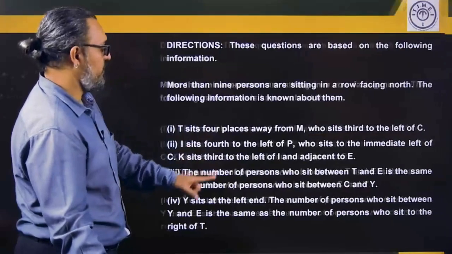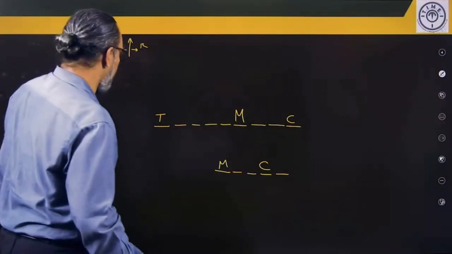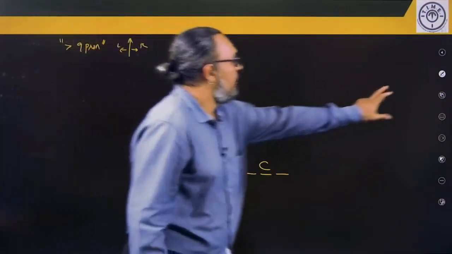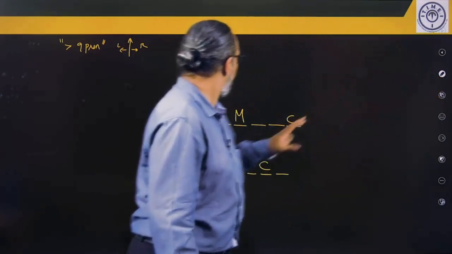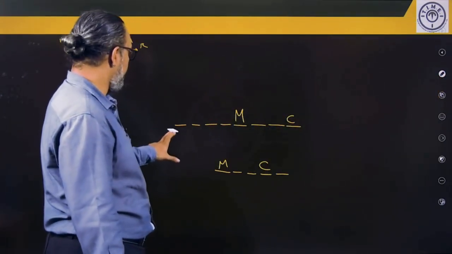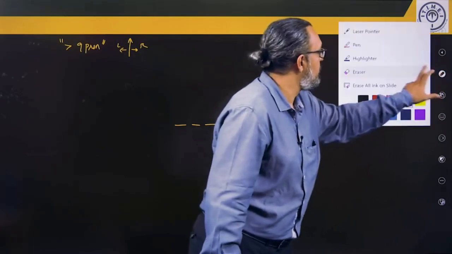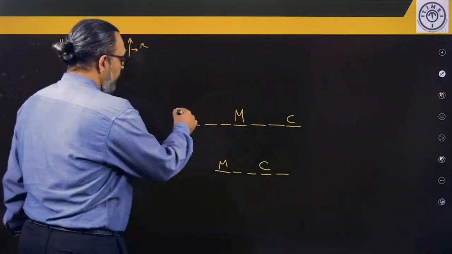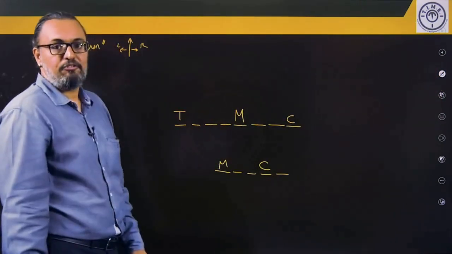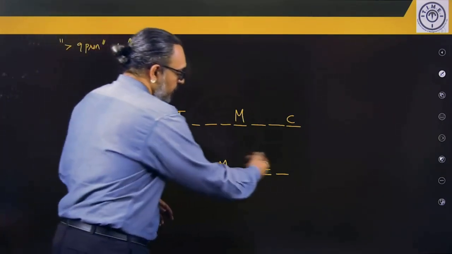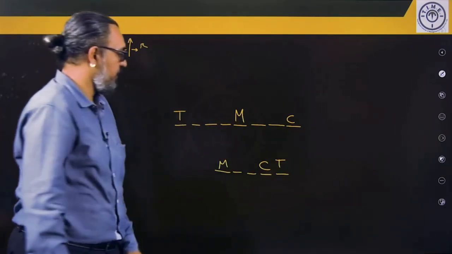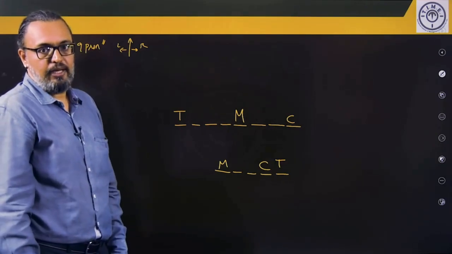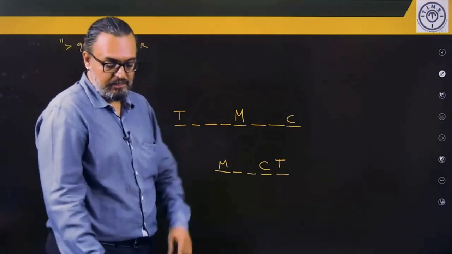Here did he say how many? 4 places away, so you leave a gap of 3 persons. Leaving a gap of 3 persons, you fix T. T is 4 places away from M on the left of M. Here T can be put on the right side of M like this. Yeah, that is our first condition.